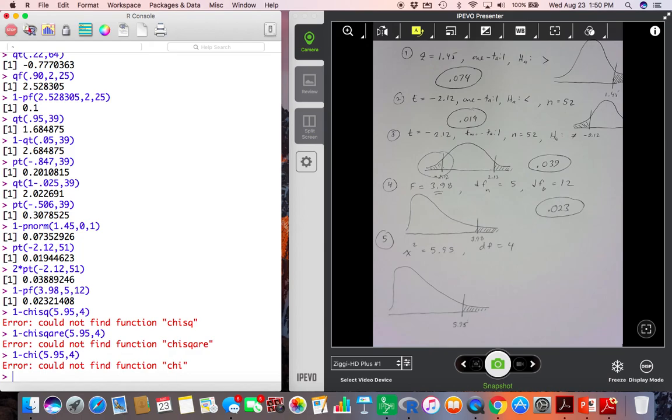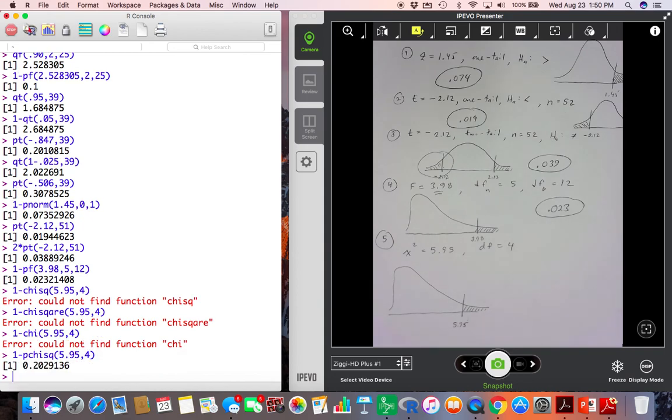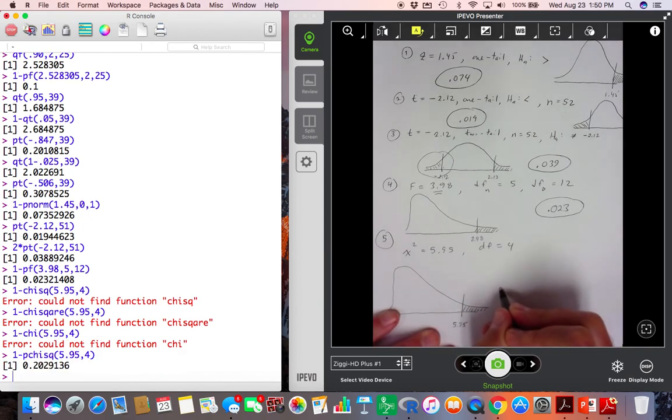Okay, it looks like chi-sq, that's what I had. Oh, shoot. Guys, I'm being crazy here. 1 minus pchisq. All right, this will work.